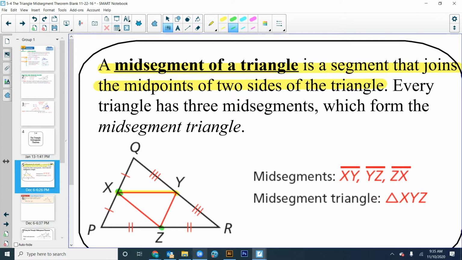Isn't Z the midpoint of the bottom side? So that is also a midsegment. And our last midsegment connects Y to Z. There are 3 midsegments in a triangle.